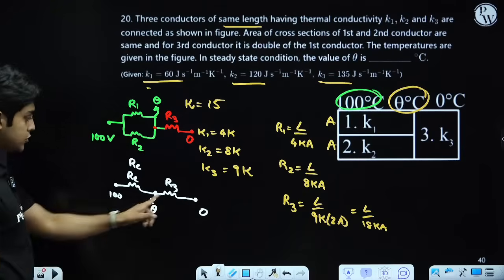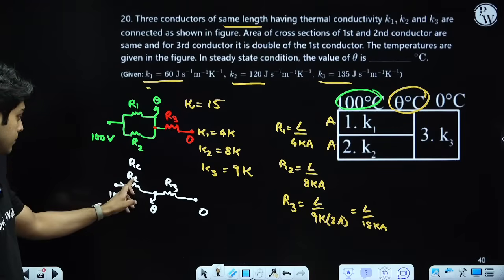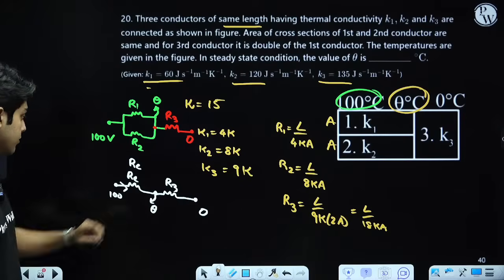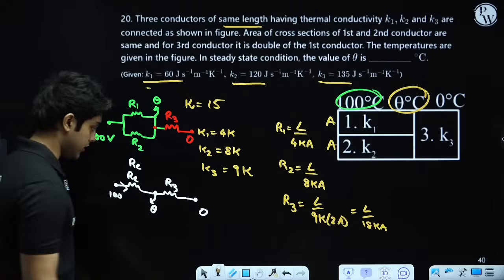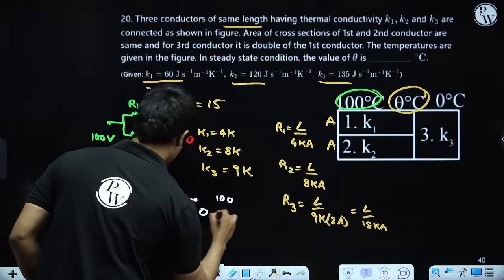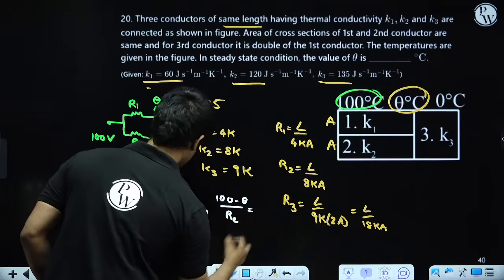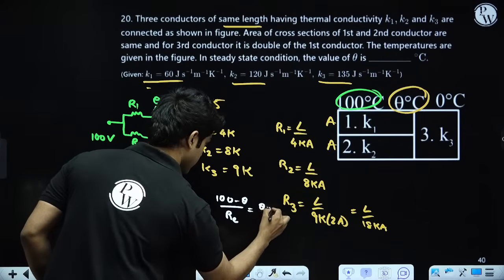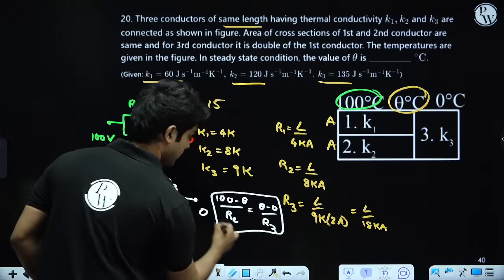These two are in series, so the current is the same. The current through Re is 100 minus theta divided by Re, and that should be equal to theta minus 0 divided by R3. So from here we can get theta.